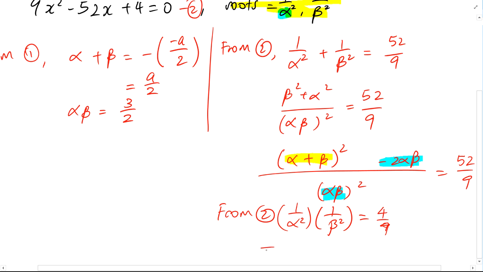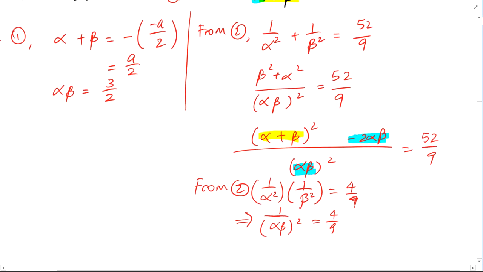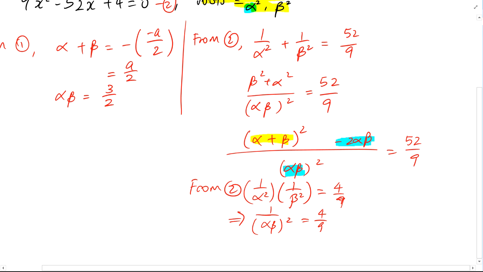So this is 1 over alpha beta square equals 4 over 9. With all this information, our goal is to find the unknown. Everything else, our sum and product of roots, we've got a value for, except alpha plus beta, that is a over 2. What do you think I should do next?